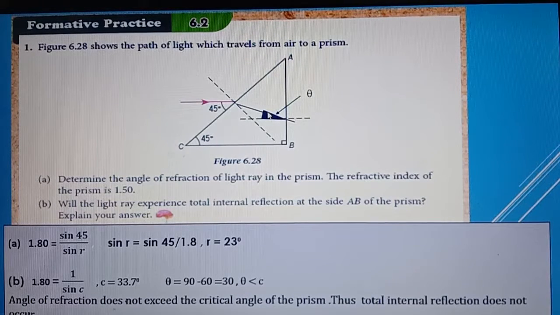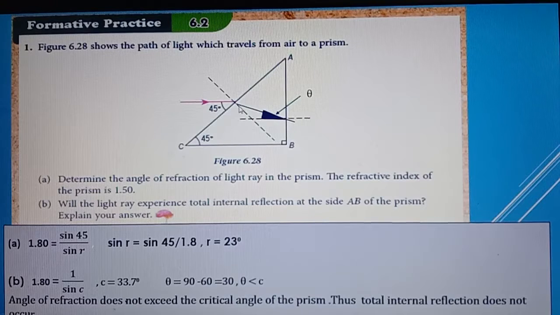Now you calculate for angle theta. We want to make sure, will this light ray experience total internal reflection or refract out here? So we calculate for this angle. Just now we discussed that the angle of refraction here is 23.